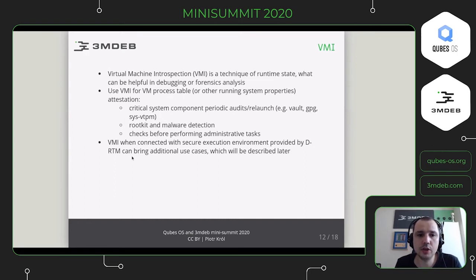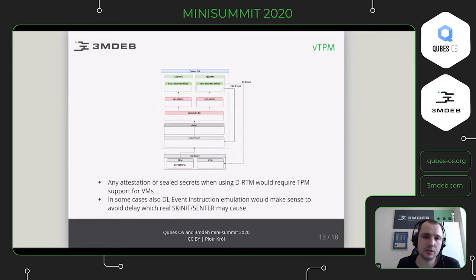Yeah, so when we connect VMI with our D-RTM secure execution environment, this can bring additional use cases. This is probably very small, but you can enlarge your screen on YouTube. This is an attempt to explain how this plays with vTPM.